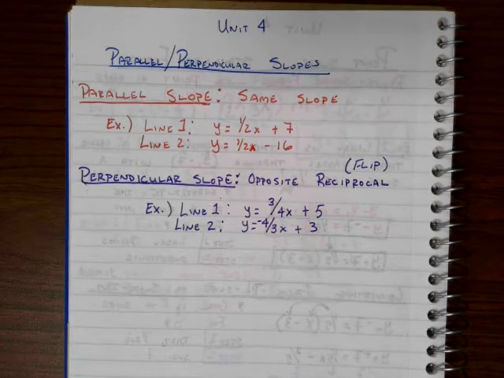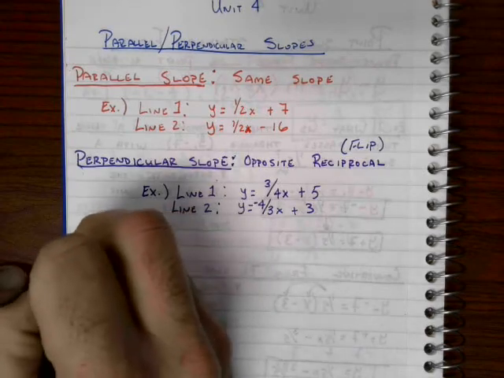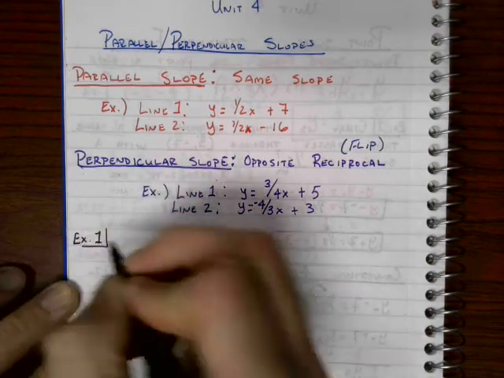So let's look at a couple of examples, and I'm going to give you some sets of points, and what we're going to do is determine whether these lines are parallel or perpendicular. So let's look at example 1. You might get a question that looks something like this.